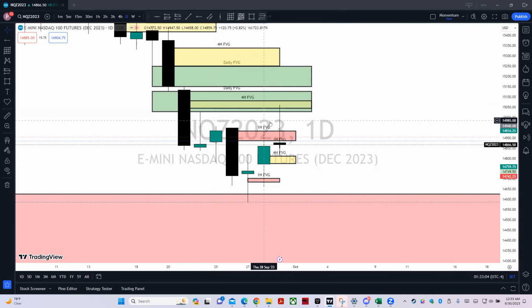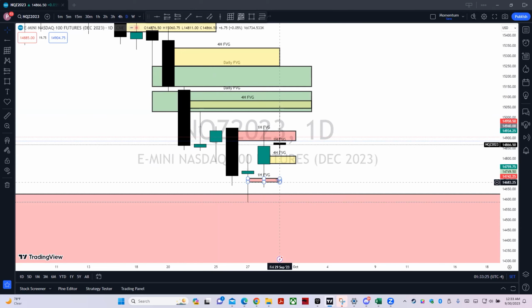That to me indicated that we were going to go higher. We also failed to create another low. Failure to create another low and taking out the upside are very bullish indications on my end.